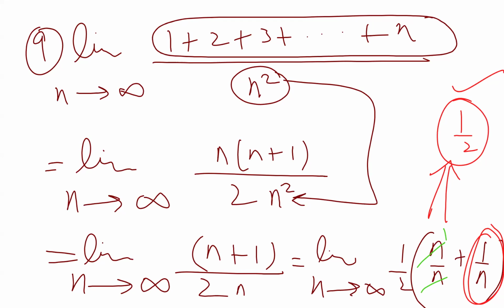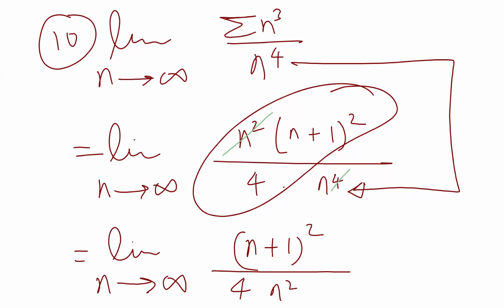Any doubts? Any confusions? So this can be written as limit n approaching infinity, n plus 1 the whole square upon 4n square. How 4n square? This n square and this 4 will get cancelled, right?